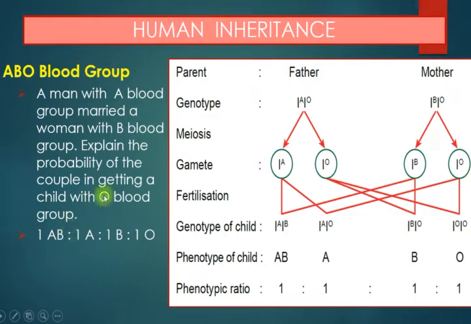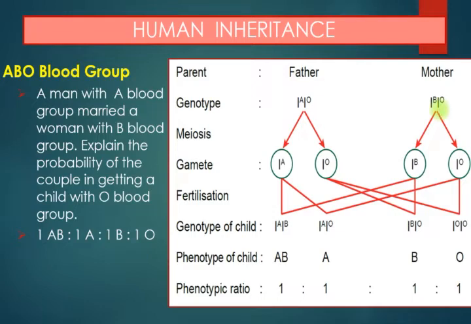Alright, so let's see the schematic diagram. The parent refers to the father and mother, and the genotype of the father is IAIO, and the mother is IBIO.